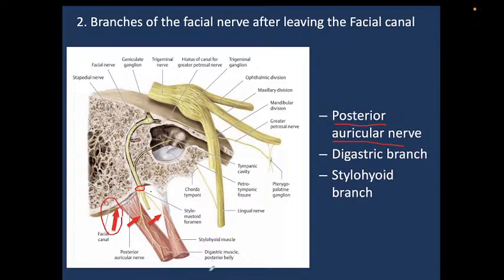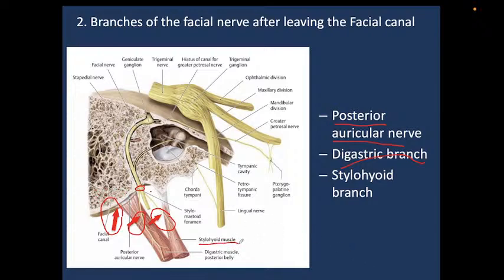epicranial muscles. The second branch is the digastric branch. It is here, and it innervates the posterior belly of the digastric muscle, and a small branch called the styloid branch is responsible for innervation of the styloid muscles.